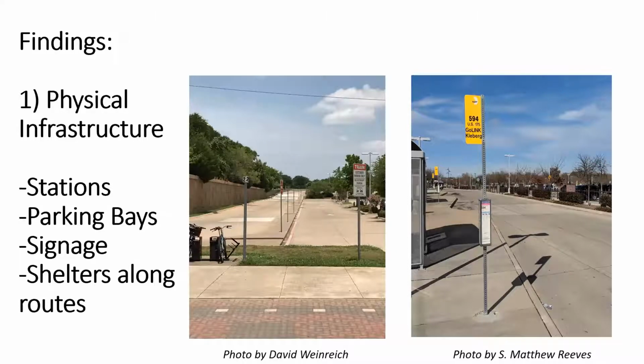On the left is the transfer between the VIA service in Arlington and the Trinity Rail Express train. You can see that there are no signs telling you that the service exists, telling you how to download the app. There's also no permanent bay for the vehicle to park into. That's just a parking lot.